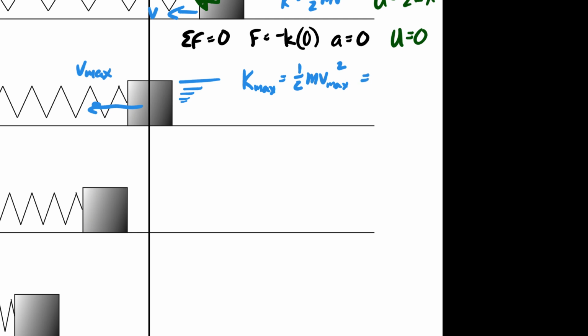So this has to equal E total, which means it has to equal 1/2 k x max squared.